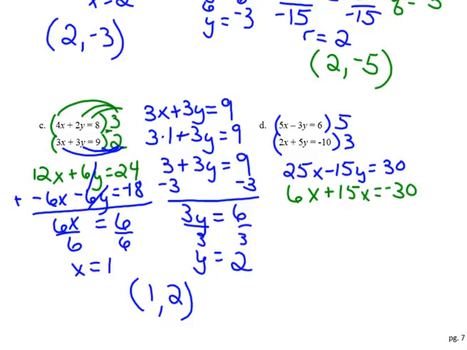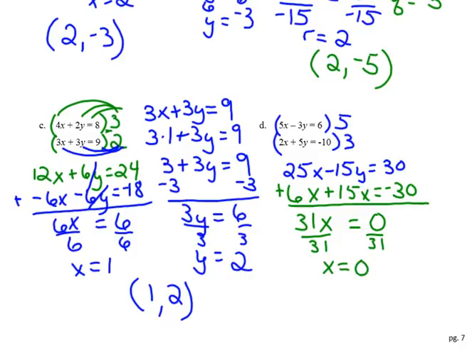All right, so let's see what happens here. Add them together, and we're going to get 31x. 15s are going to cancel, equals 0. So remember, these are really points on a graph, and you can have 0 as one of your values. So x equals 0. Then I'm going to pick one of my equations.